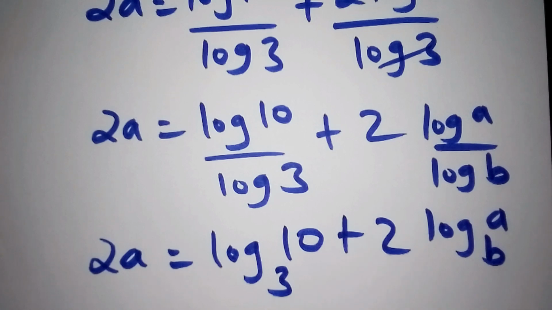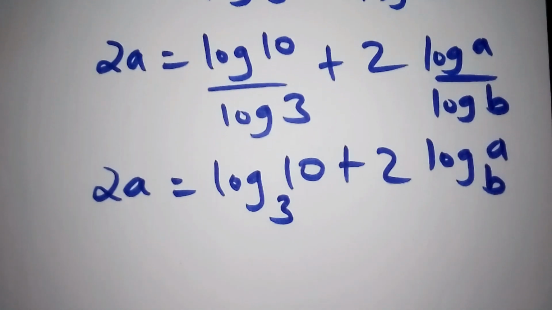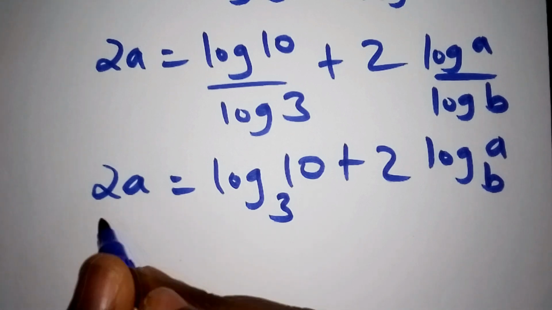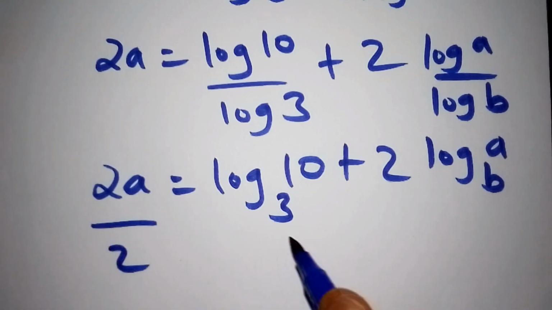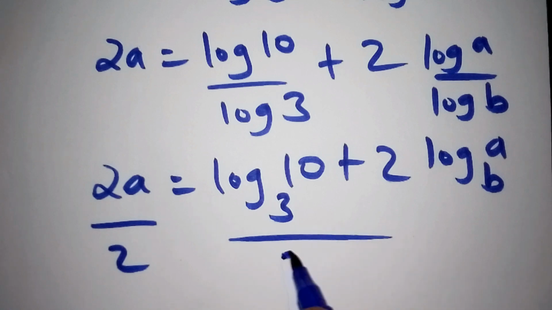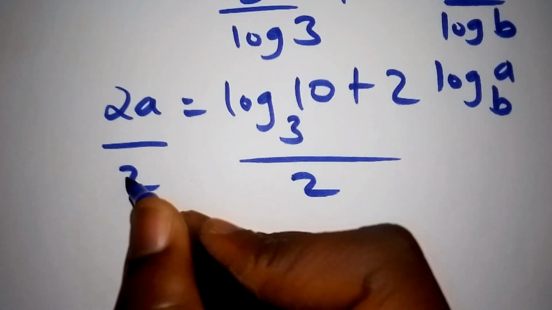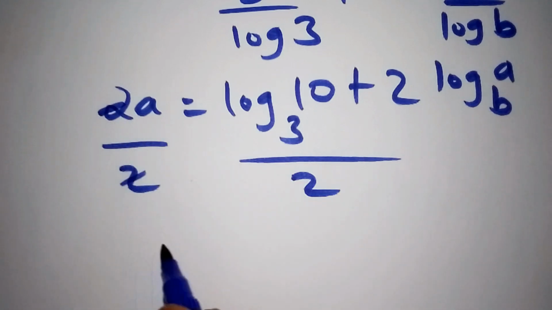Next, for us to remain with a on this side, we divide both sides by 2. When you divide this by 2, you also divide all of this by 2. So 2 and 2 cancel, and we remain with a.